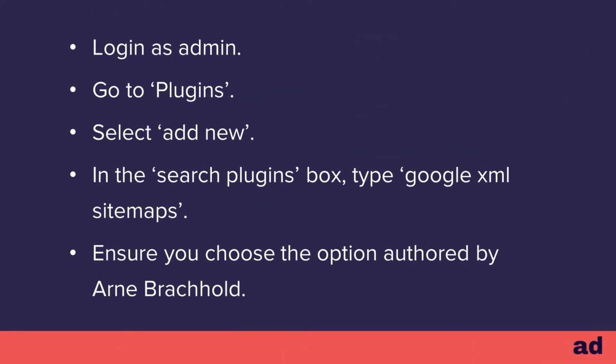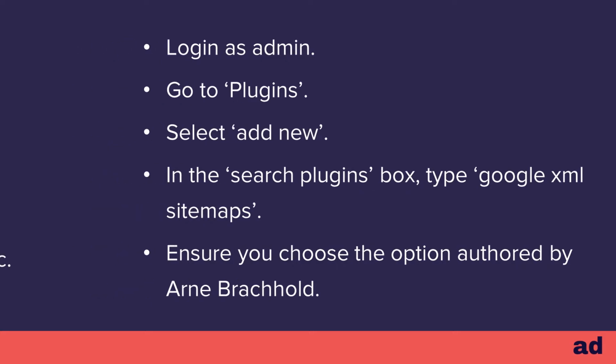It's pretty simple. If you have a WordPress site, simply log in as admin, then go to the left-hand panel where you can see plugins. Select Add New, then in the Search Plugins text box, type Google XML Sitemaps. Ensure you're choosing the one that has the author name Arne Brachhold.